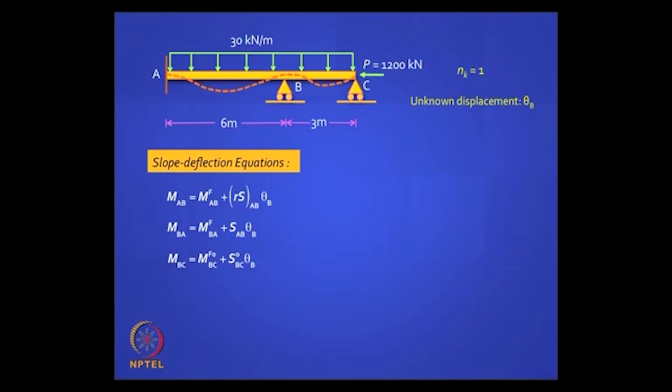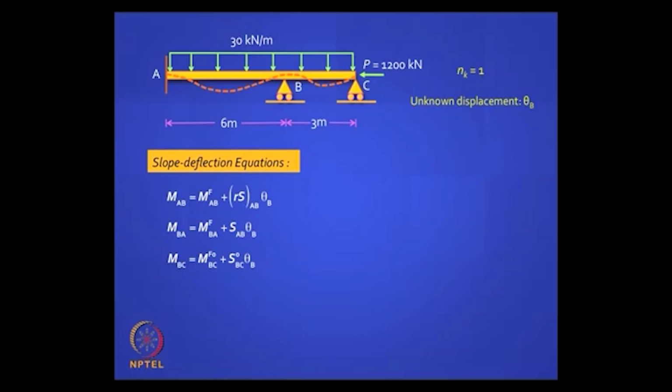Write down your slope deflection equations, okay, those are very easy to write. MAB is MFAB, normally you would have written 2 EI by L theta b, but now you will write R into S for the element AB. For BA, MFBA plus SAB, you can write SAB or SBA, does not matter, it is for the same element, into theta b.